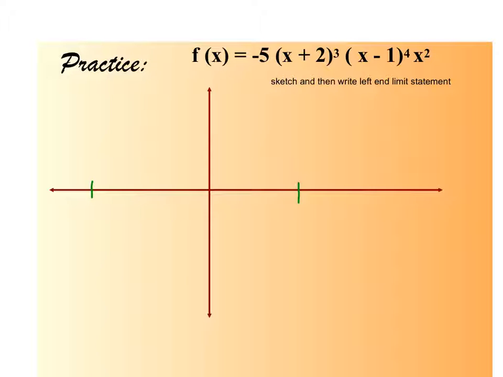I hope you get that the two key roots are at those green marks, and that's going to be, well, +1 and -2. Did you understand what those marks meant?